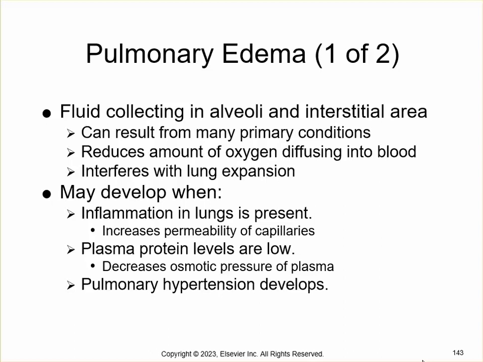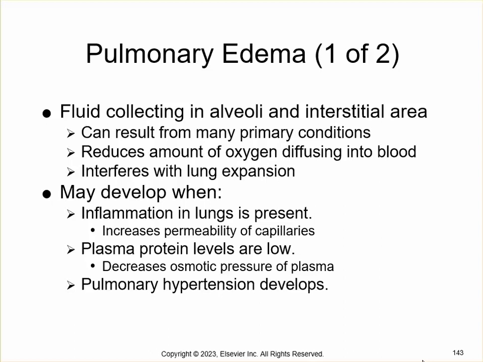So if the edema is in the interstitium, especially, it can be a restrictive disease. You can't physically expand the lungs because the interstitium is edematous. If fluid collects in the alveoli, then the amount of oxygen getting diffused, getting exchanged with the external respiration, is limited that way.